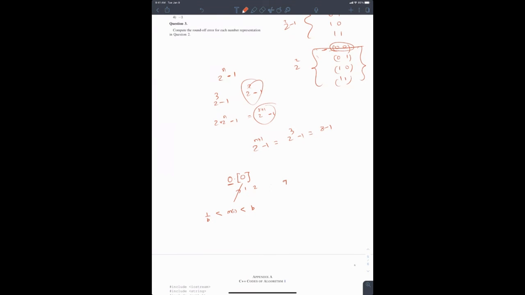If it is base 10, that is 1 over 10, and the first digit of the mantissa is less than 10. So all of 1 to 9 satisfy that. Let's say it's a hexadecimal number, then it will be 1, 2, up to 15.